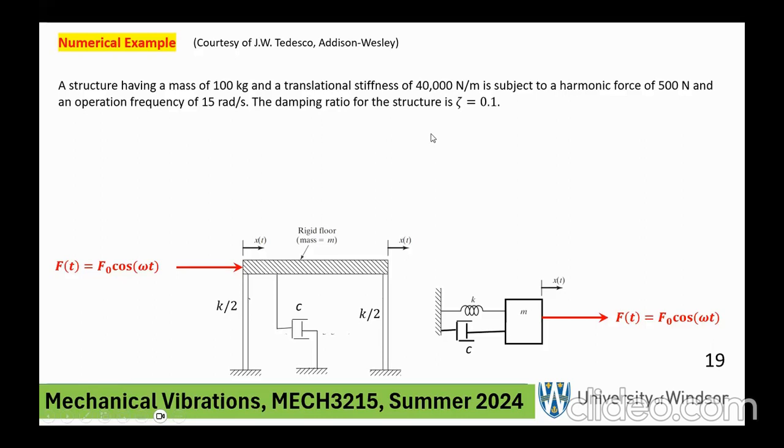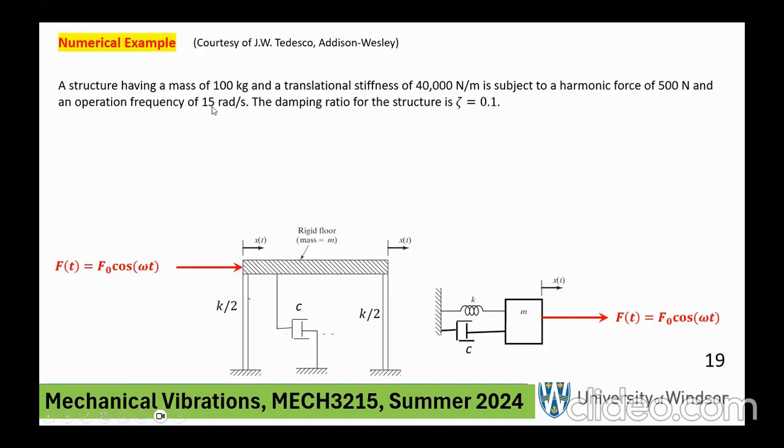The structure has a mass, the mass of the roof, 100 kilograms. You can think of this as a table. And then it's subjected to a harmonic force of amplitude F naught of 500, operating at 50 RPM.